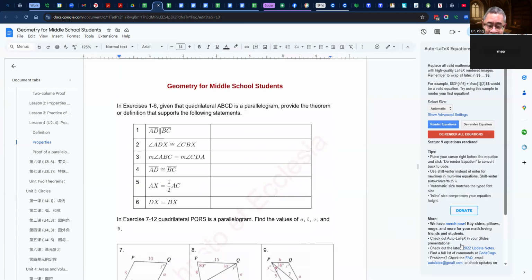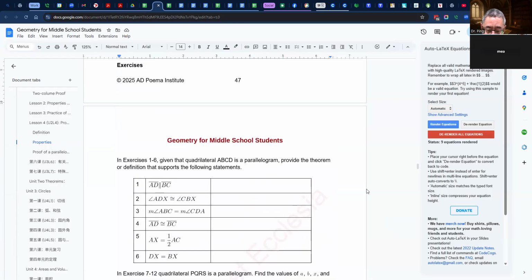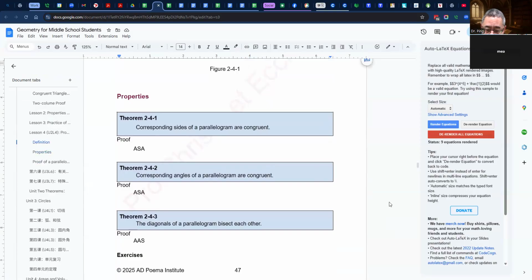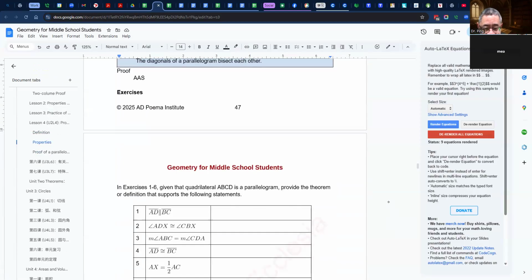Exercise, I'm going to actually rewrite it down here so you can see it.